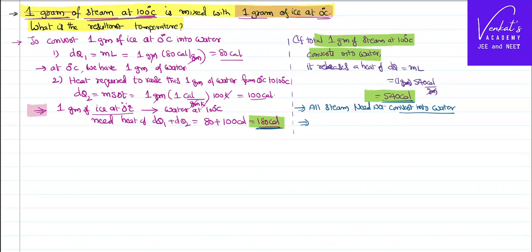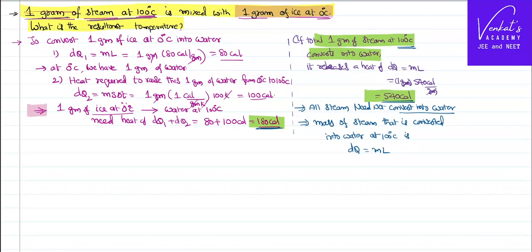That implies we can calculate the mass of steam that is converted into water. This conversion always happens at a constant temperature, at 100 degrees centigrade, so I can use the formula dq equal to ml.